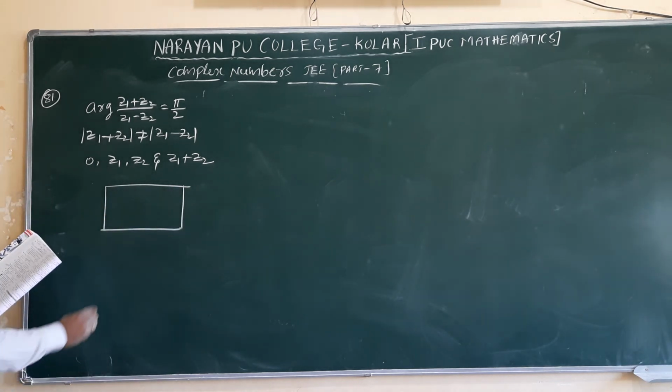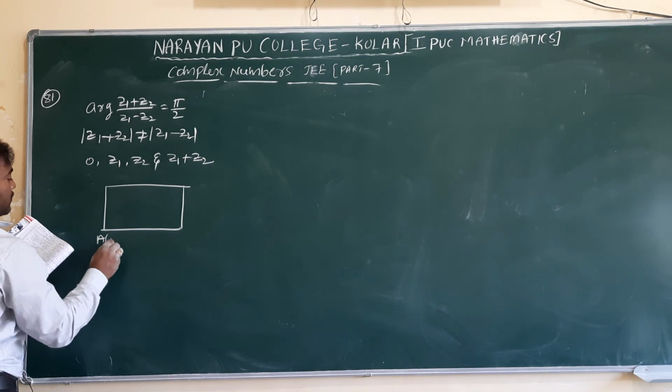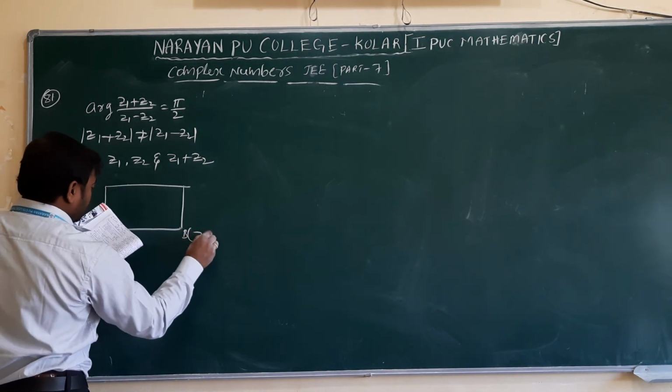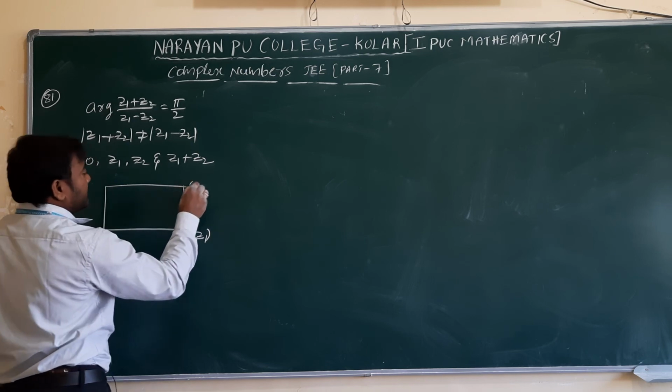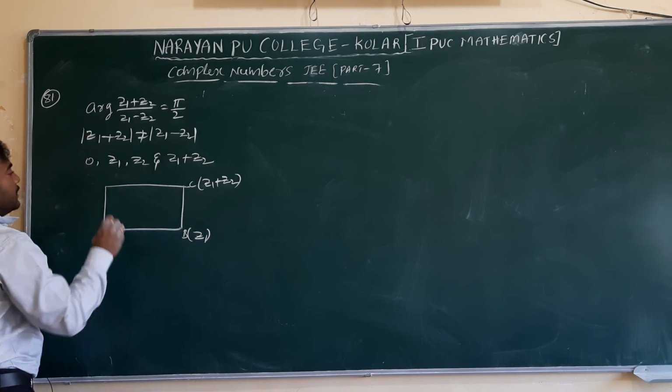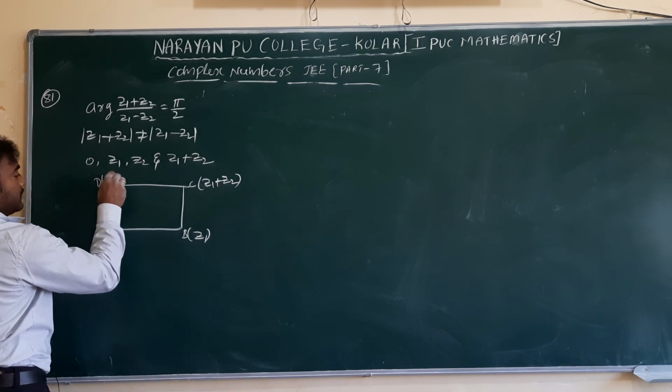Here the point A is 0, point B is z1, point C is z1 plus z2 and the point D is z2.